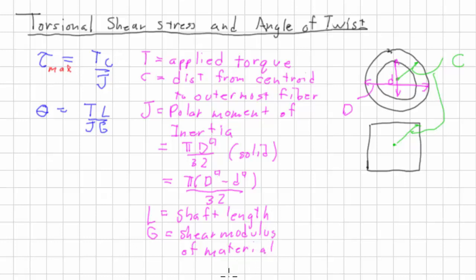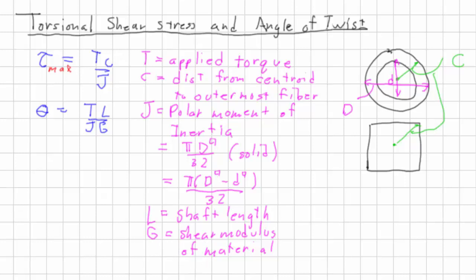In a different video, I go over how G is related to the modulus of elasticity, and there's a formula for it, and you can look that up, but it might be listed in a website, or you might have to calculate it, but the calculation's not too bad.